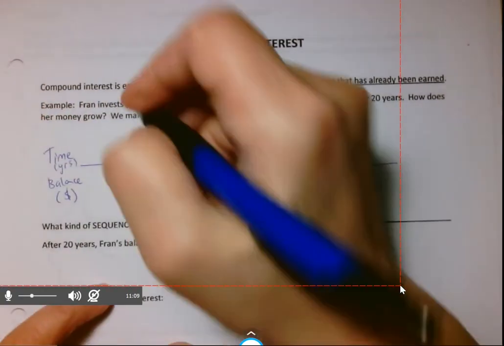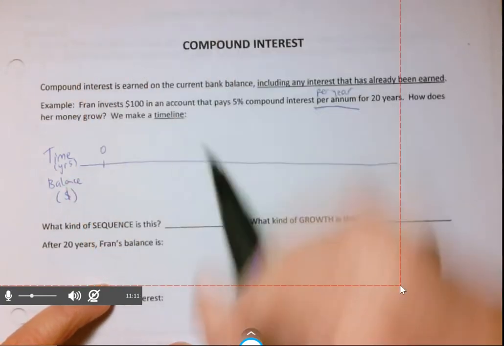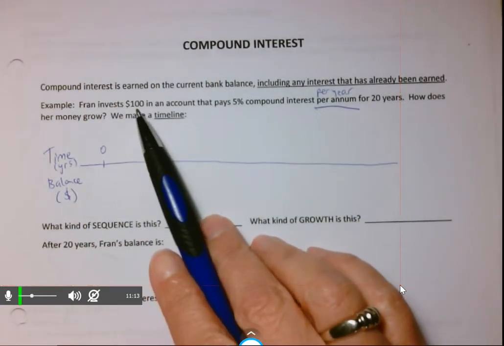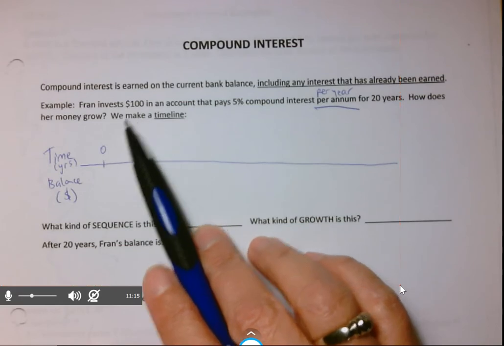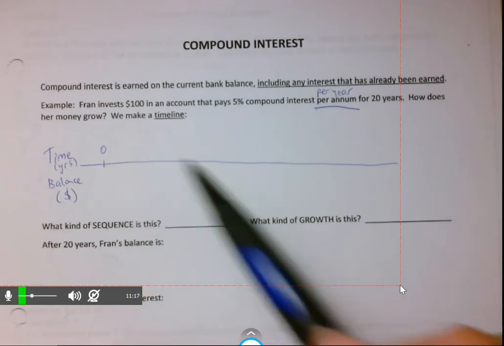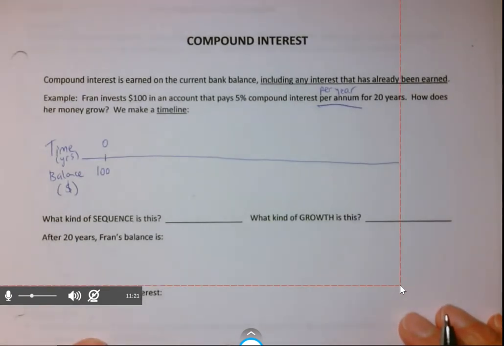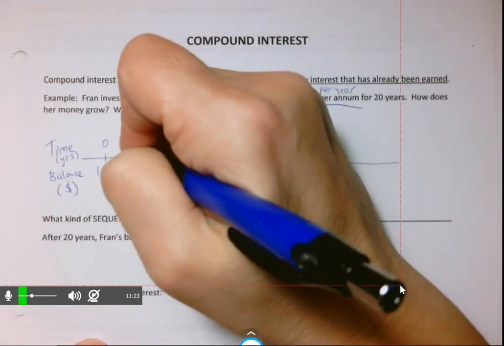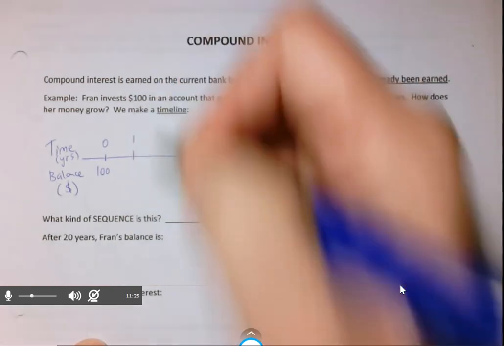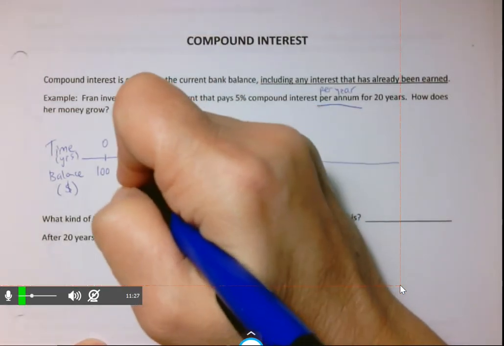At year 0 is the time that Fran is making the investment. So when the time is 0, no time has passed. She's just making her investment: $100. Now, 1 year later, her money has grown by 5%.